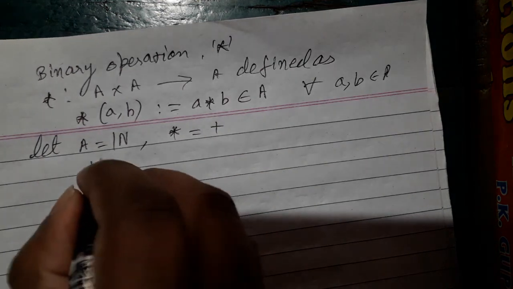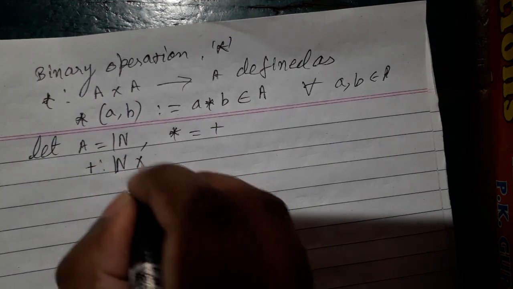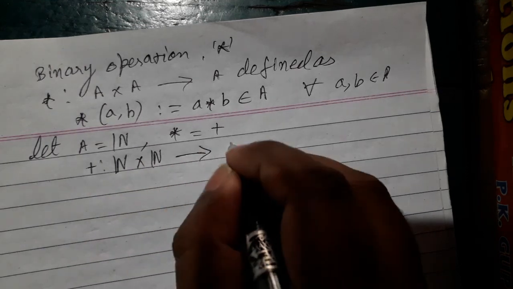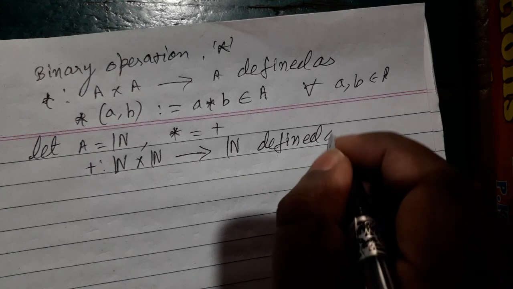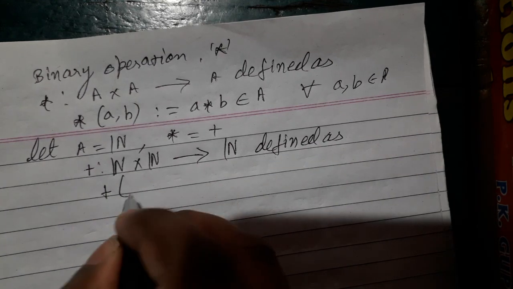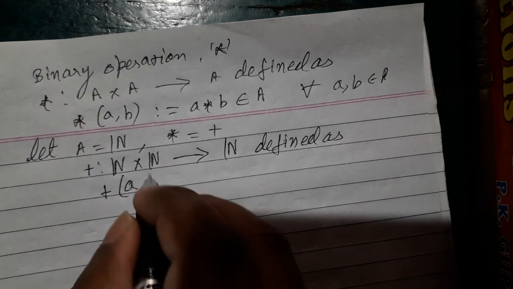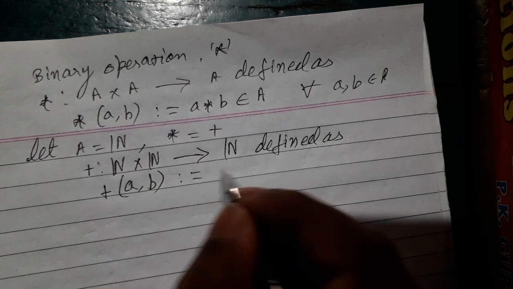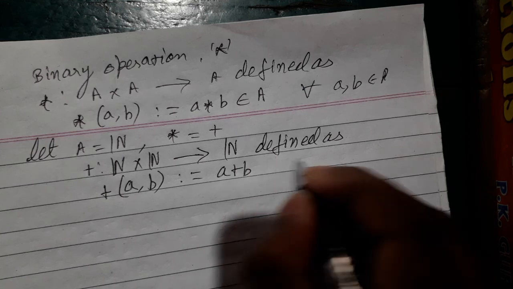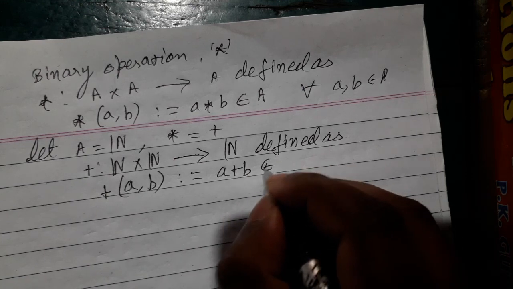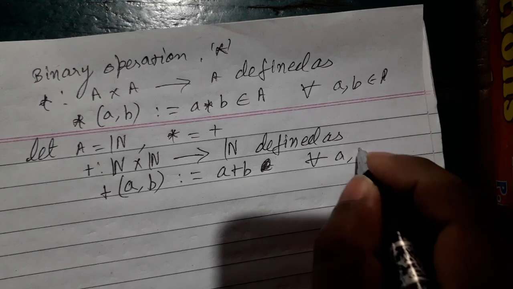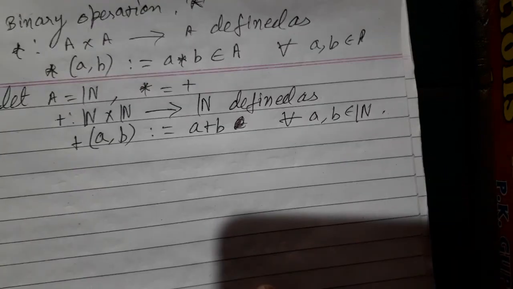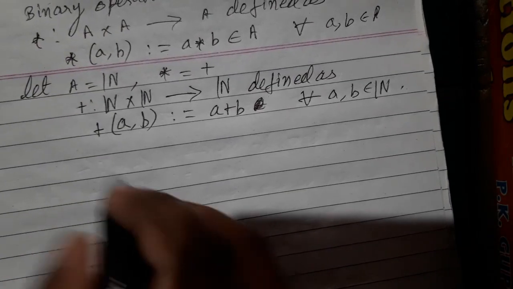So I'll define plus from the set of natural numbers cross natural numbers to natural numbers. I take A, B, and this is defined to be A plus B, and I have to show this belongs to natural numbers for all A, B belongs to natural numbers.